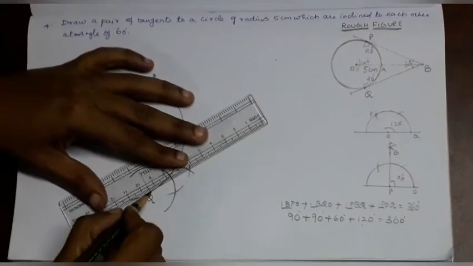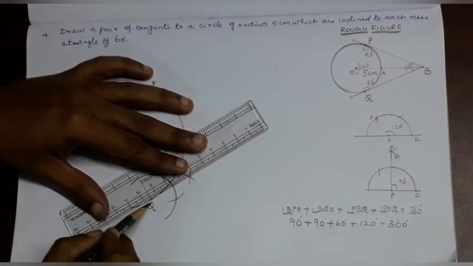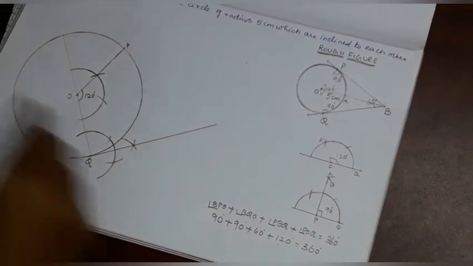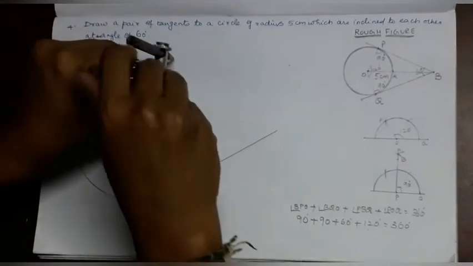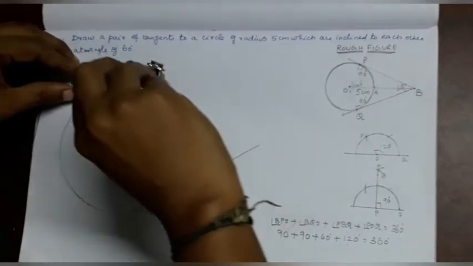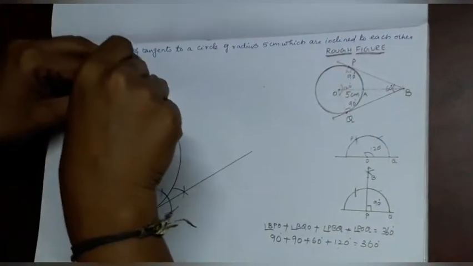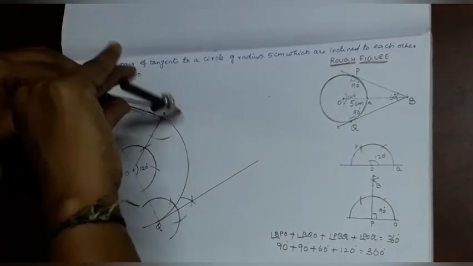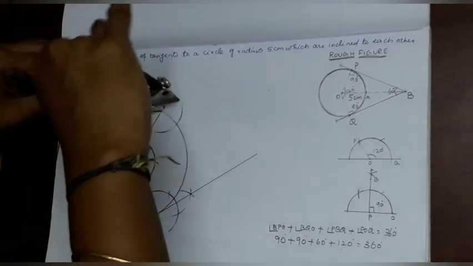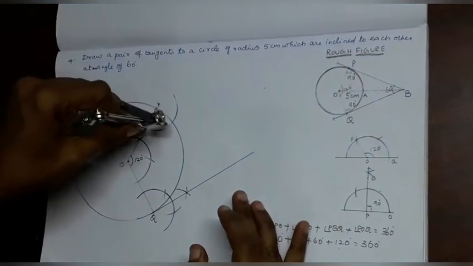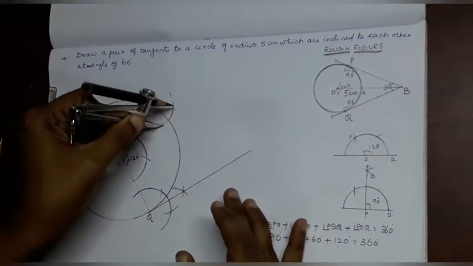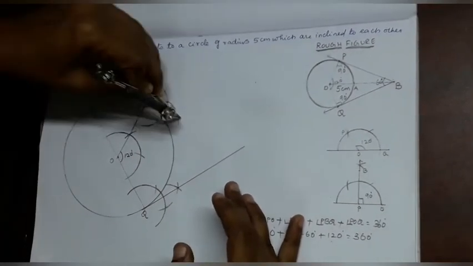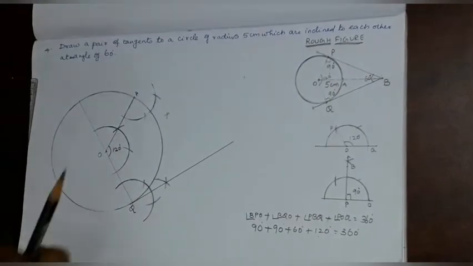Similarly, with P as center, cut another arc of the same radius and draw a perpendicular line.